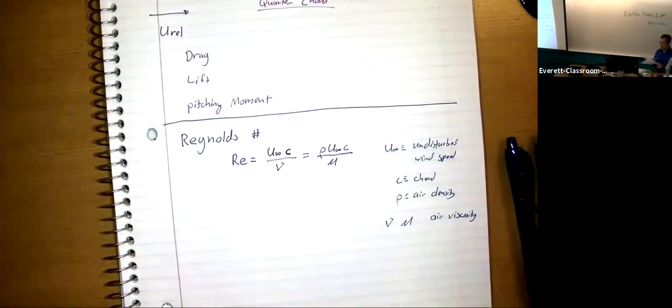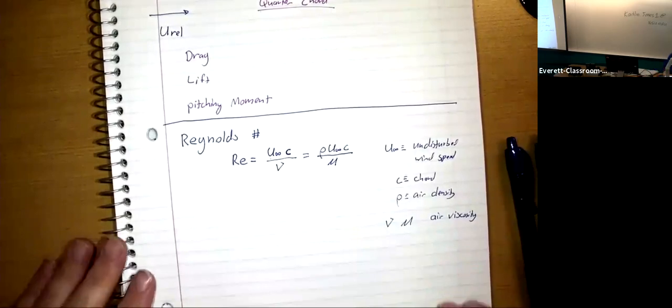So, somebody really clever, might have been Reynolds, actually I think it was Reynolds, discovered that there's this relationship between these forces and the dynamic pressure on the wing.